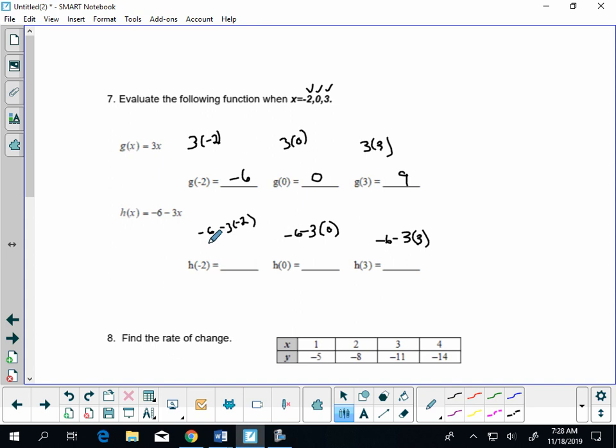So here you're actually going to get negative 6 plus 6, which is 0, negative 6 minus 0, which is negative 6, and here you get negative 6 minus 9, which is negative 15.